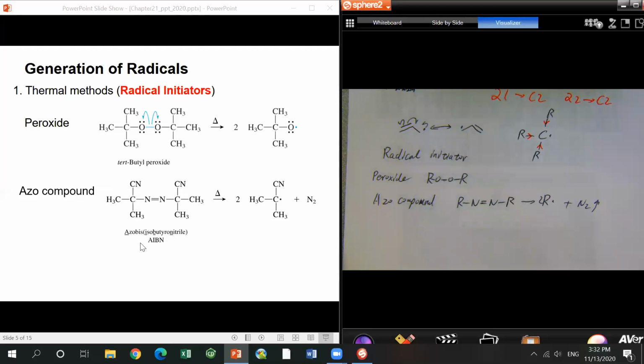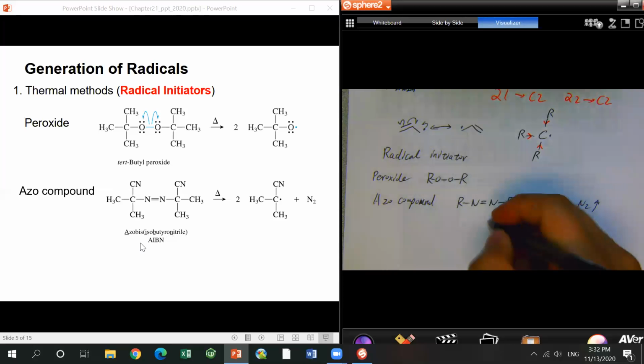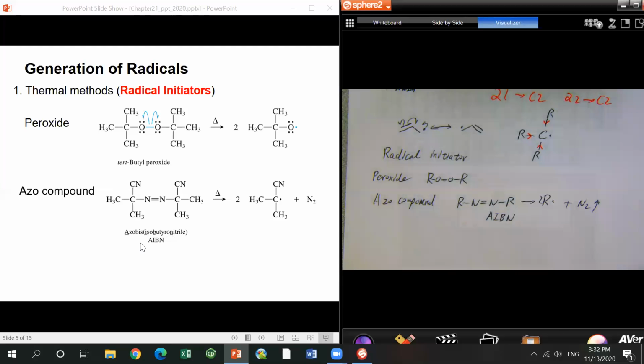You only need to remember AIBN. It's a radical initiator, that's all, and it causes radical reactions. Similar to what we learned before with DIPT, you don't need to know what it looks like, just remember it's a reducing reagent.